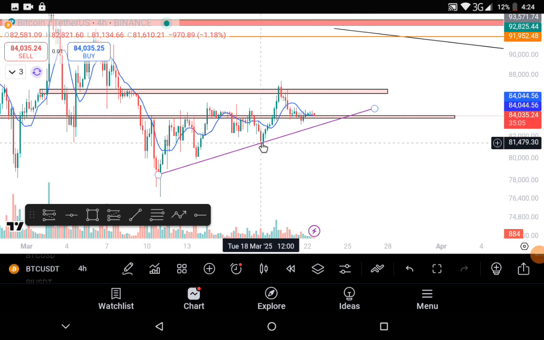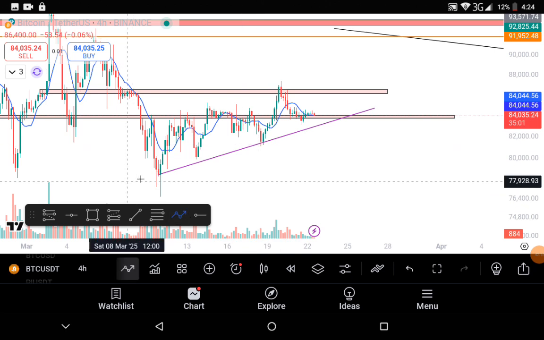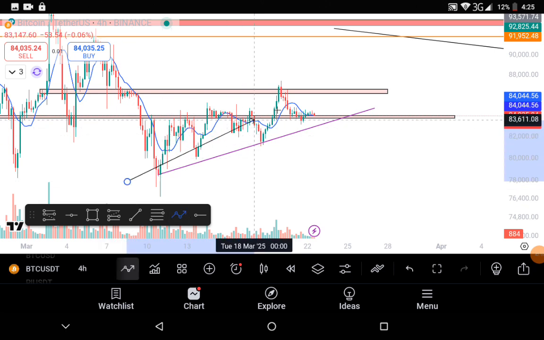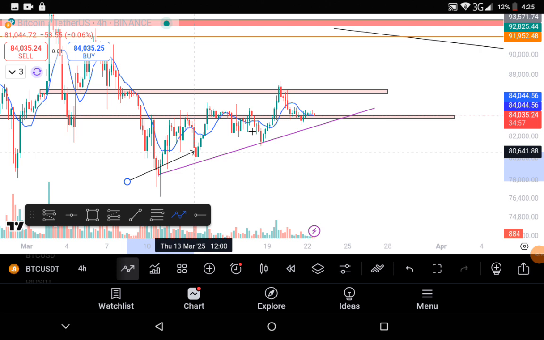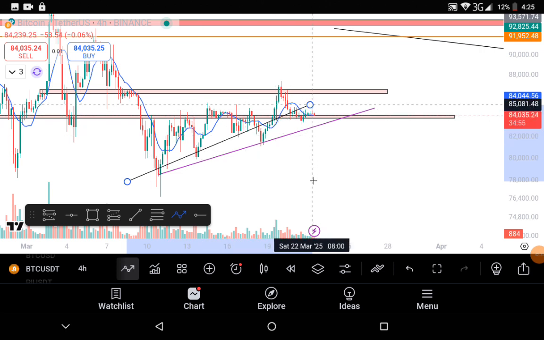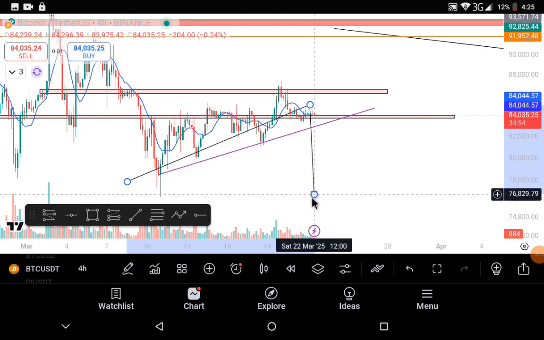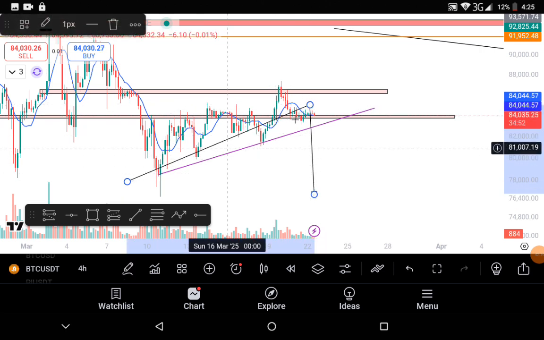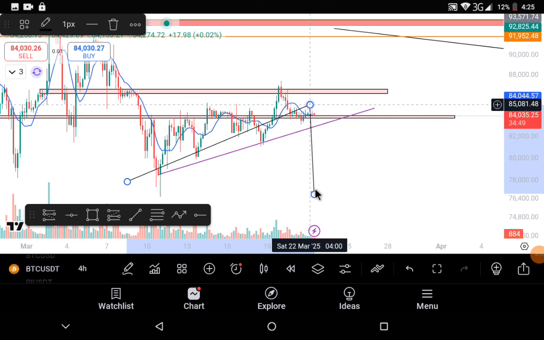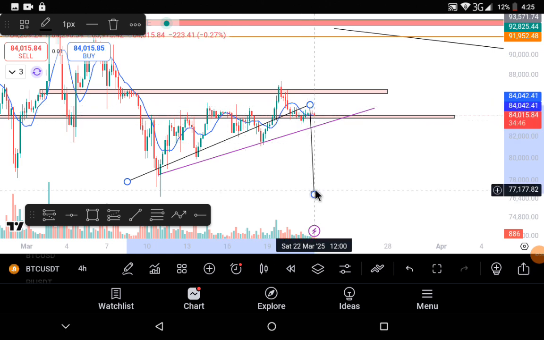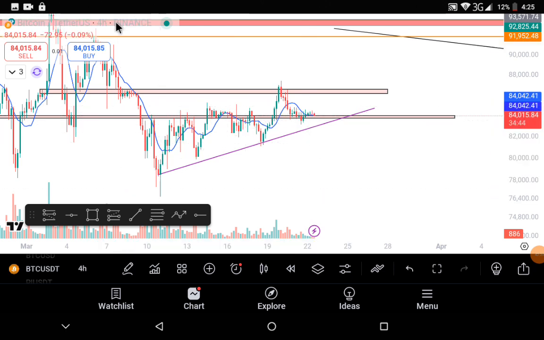So what we are looking out for right now on Bitcoin is we are still very much bearish. Even if we are bearish, there is still some possibility of buying, you understand. So look at here, this is a zone, and this is also another zone here. All these ones we are doing are scalping. This is not a long-term trading idea.